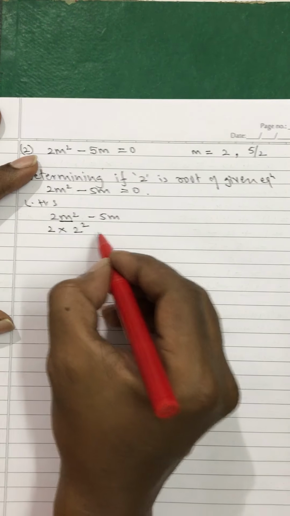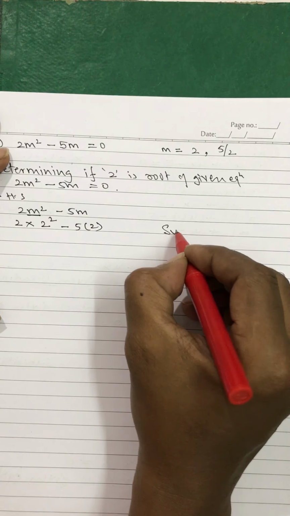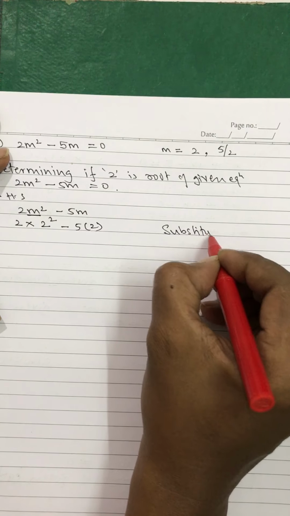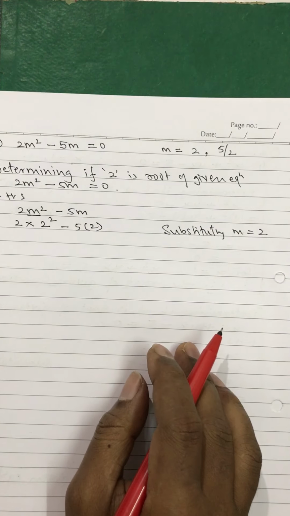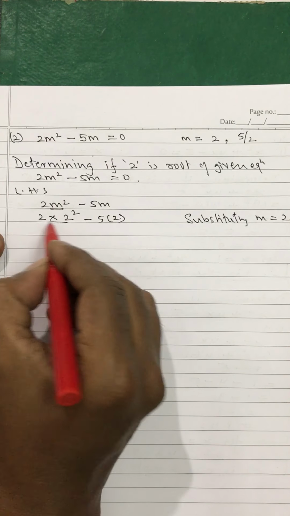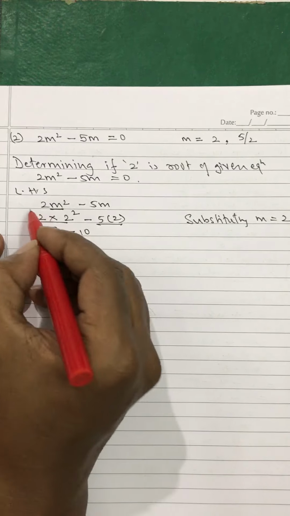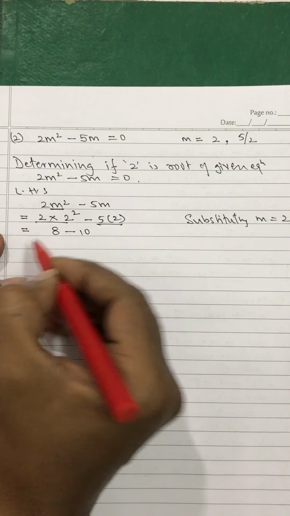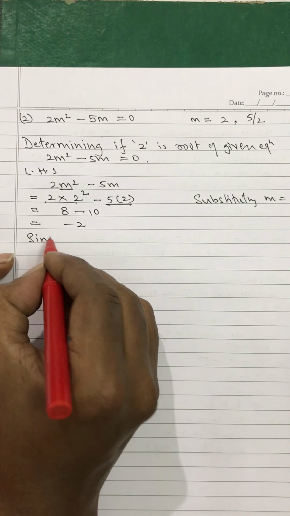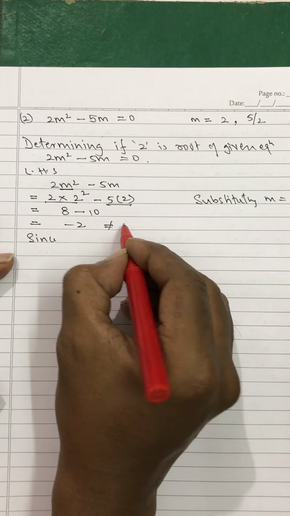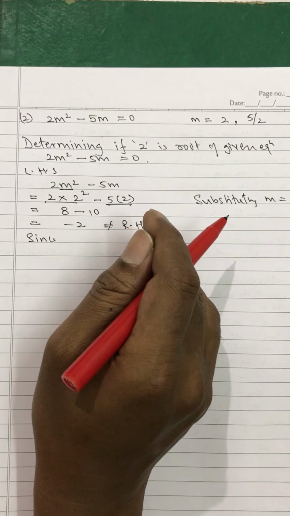Square will be also written as it is, 5 into 2. Substituting m is equal to 2. So here you get what? 2 2s are 4, 2 4s are 8, minus 5 2s are 10. Minus 2, which is not equal to RHS. What did I write before?